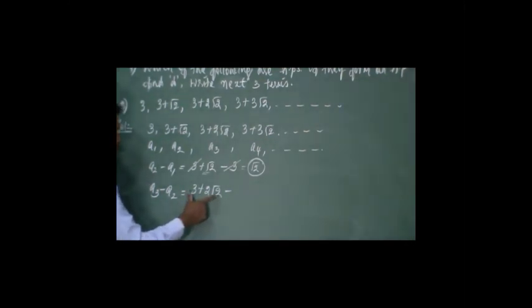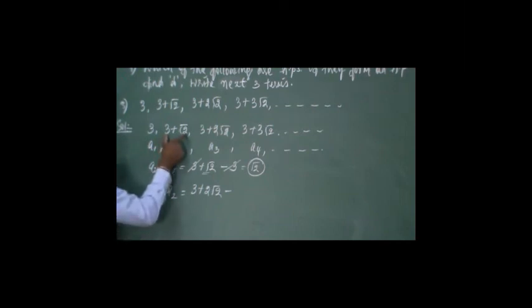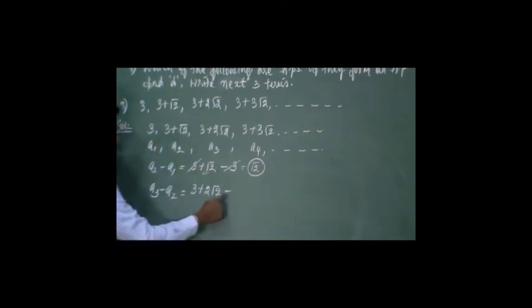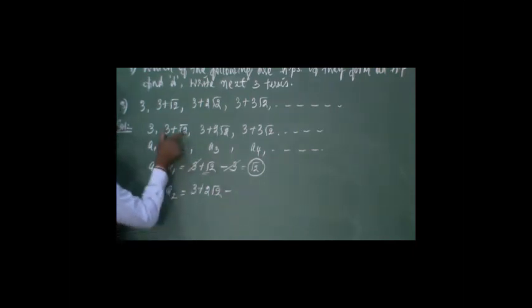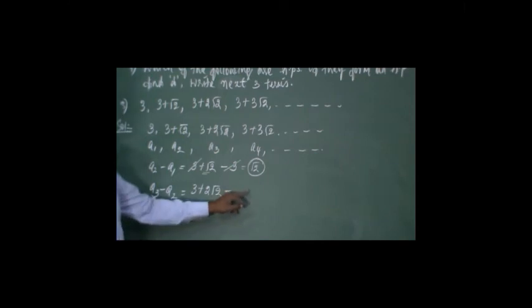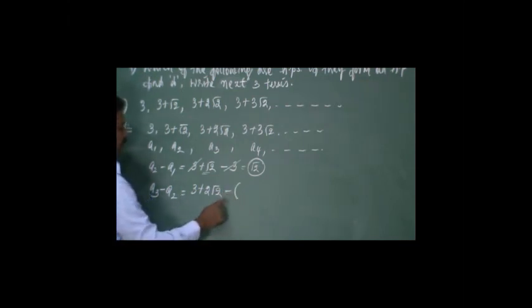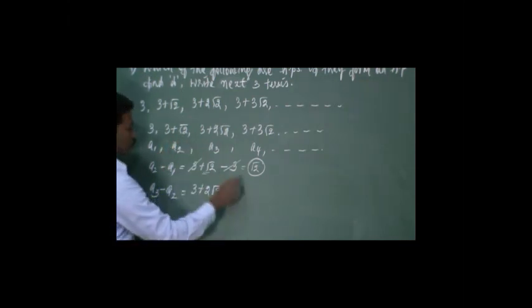And you check out A2. A2 is also a binomial. So you are having a minus sign here, and the minus sign is followed by a binomial. So wherever you get a minus sign followed by a binomial, please keep the binomial inside brackets. If you do not use brackets, that will lead to a very simple mistake where the answer will be completely altered. So minus 3 plus root 2.